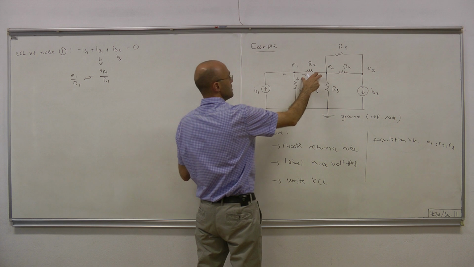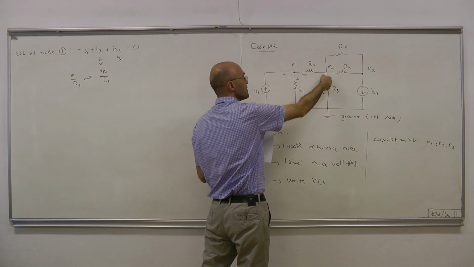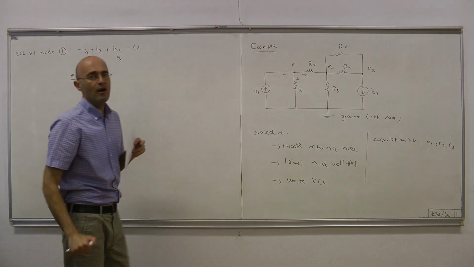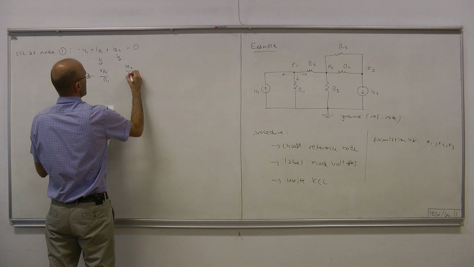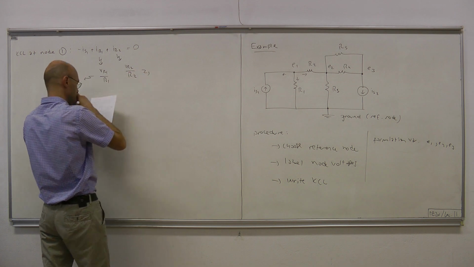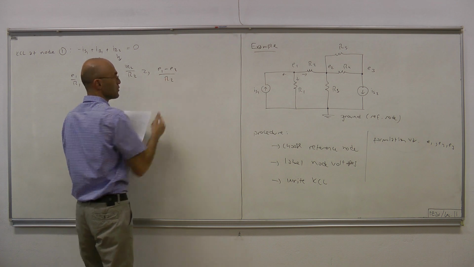In other words, this is E1 minus E2. Hence, this current is E1 minus E2 divided by R2. This is VR2 over R2, and this is E1 minus E2 over R2.